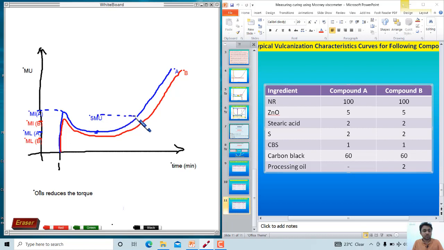So we need to come to curve A and go to the relevant time value.